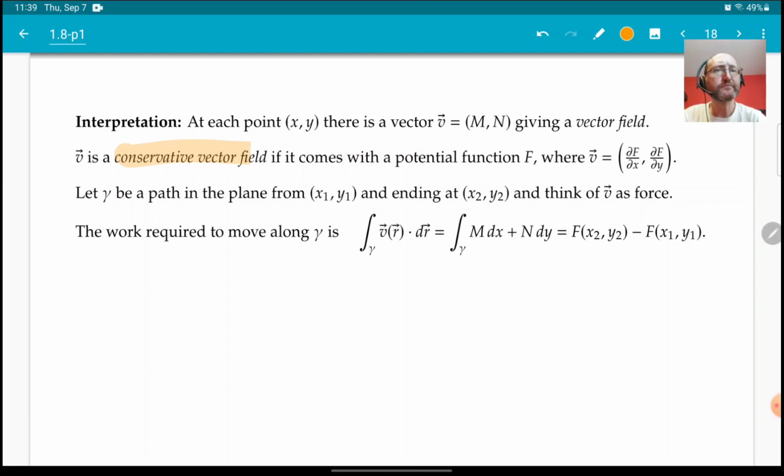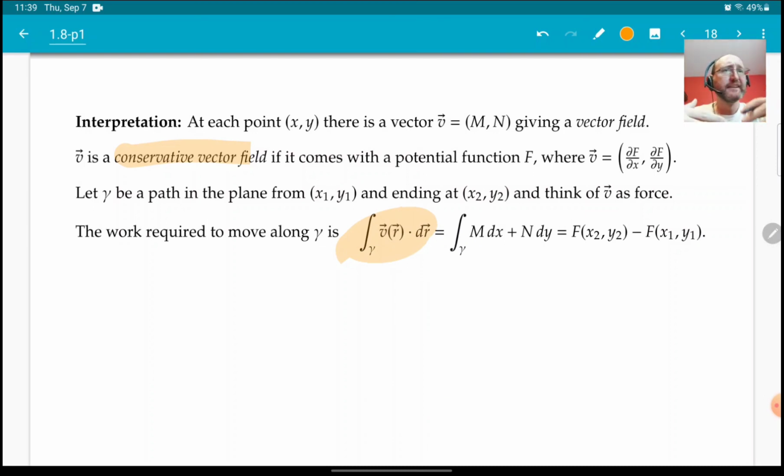So the work required to move a box up the stairs, if you're thinking of the force of gravity, is given by this path integral.